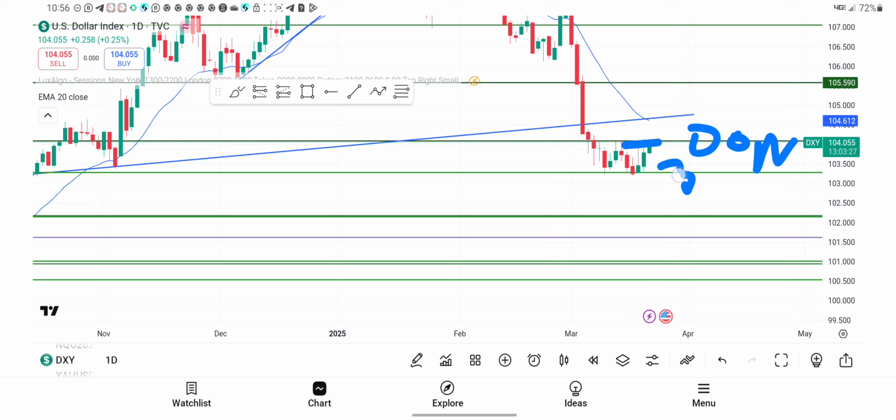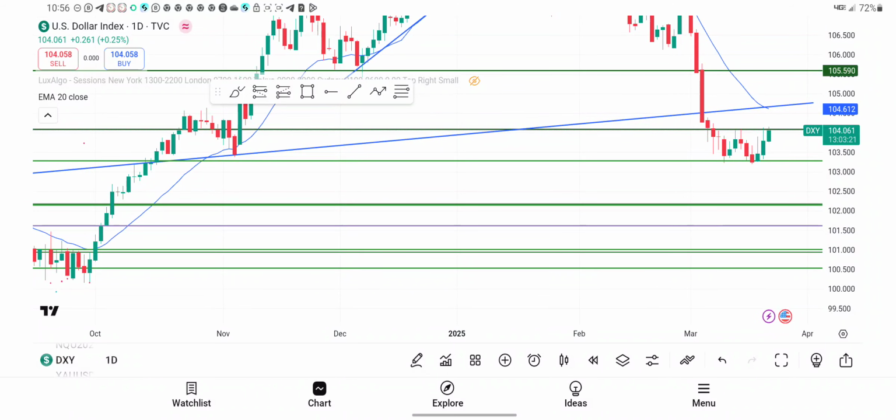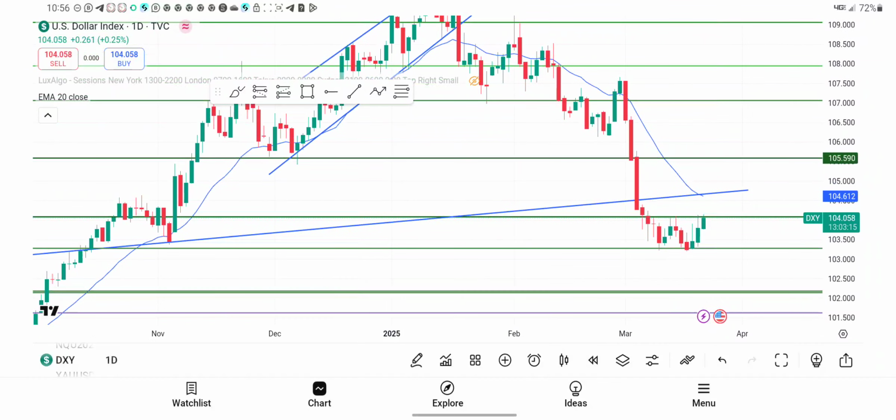But if this market should break out from this level, then we'll be seeing lower levels like this level coming into play in the weeks to come, and this is what I'm seeing on DXY right now. But this is a magnet that will attract buyers to come into the market.